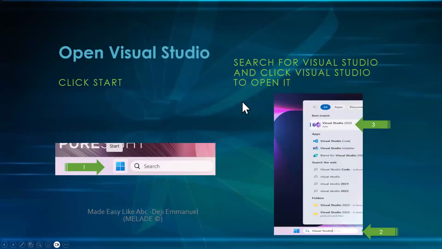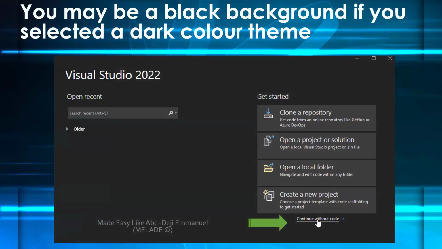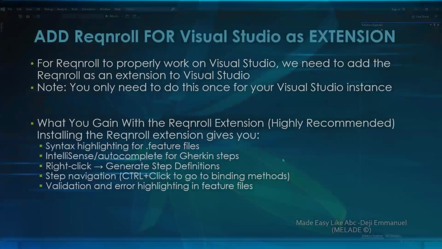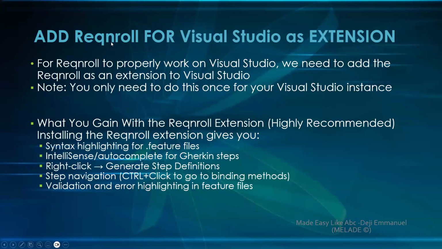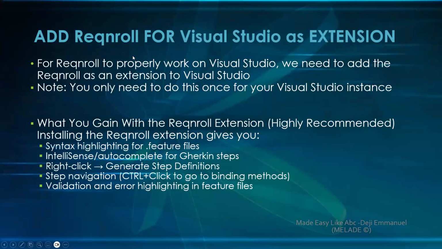And then the next one is for you to open Visual Studio, right? Once you open Visual Studio, like I said before, click on continue without code. That opens it for you. And then once Visual Studio is open like that, we need to add the Reqnroll extension, right? Some of you that have already got SpecFlow might also need to uninstall it as well. I will talk about that because it would conflict, right?